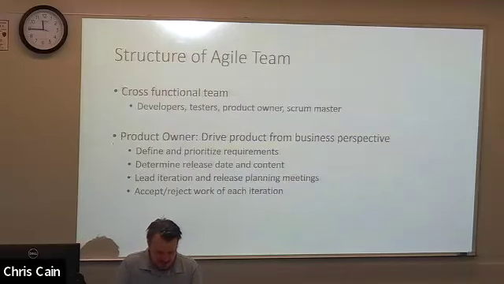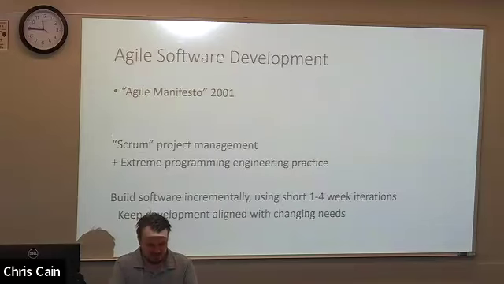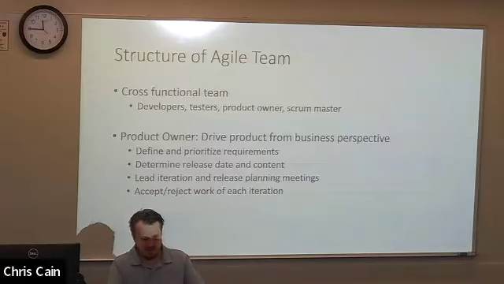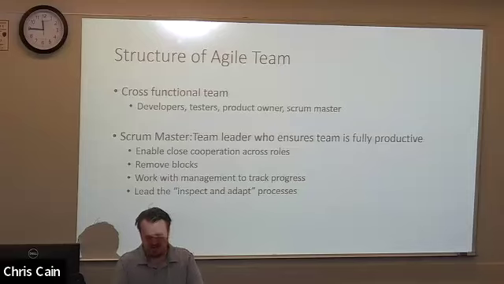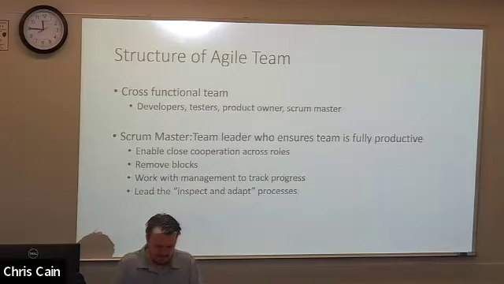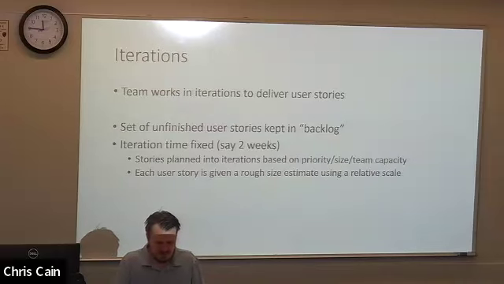So last time we talked about the structure of an Agile team. We had the product owner, who is going to be me. We have the Scrum Master, making sure that everyone is fully productive in their teams. I don't anticipate that people are going to be taking on these roles specifically. So we are working in iterations, delivering user stories, converting those into scenarios, converting those into tasks.